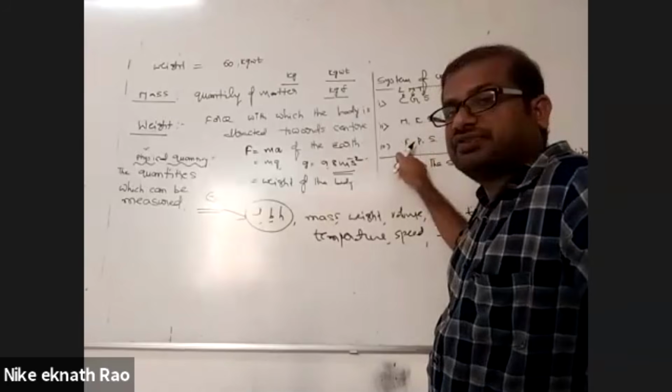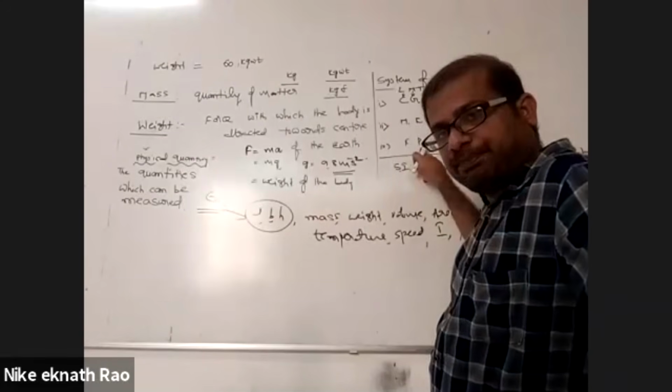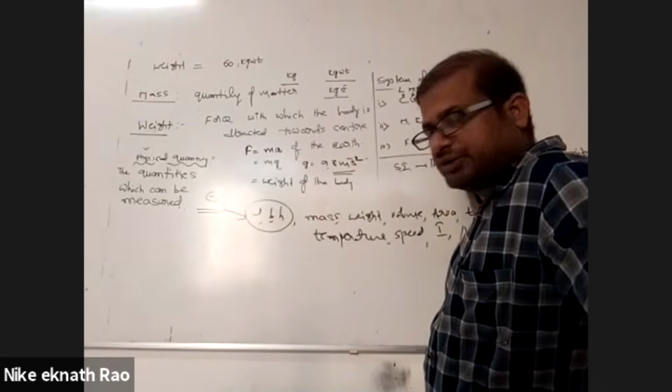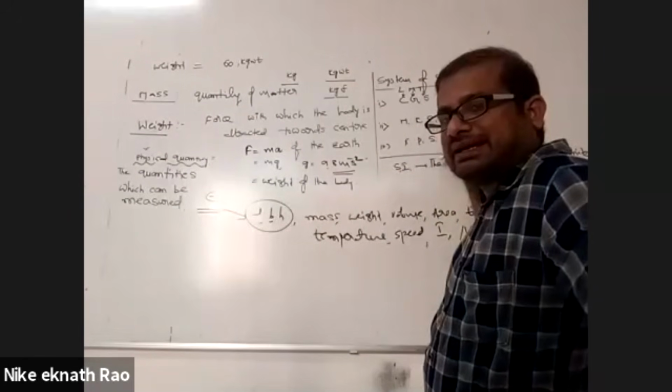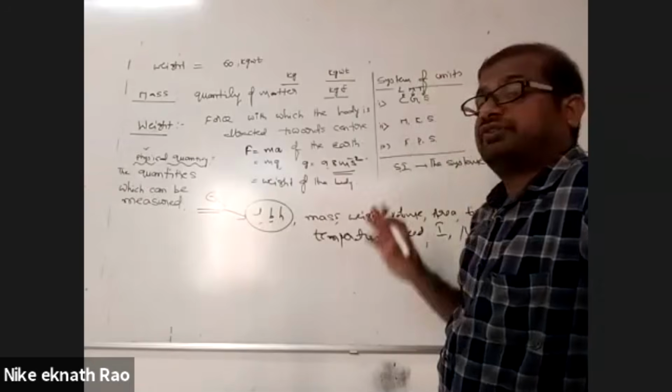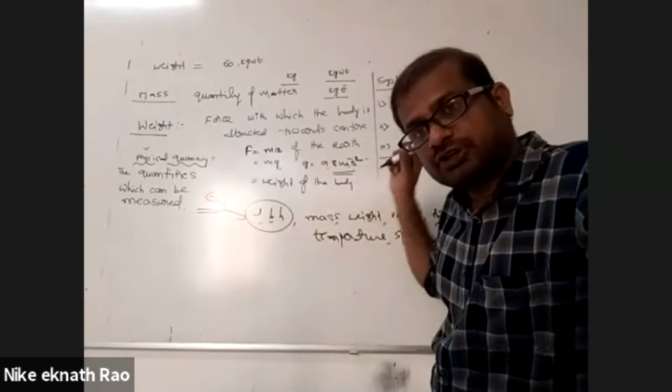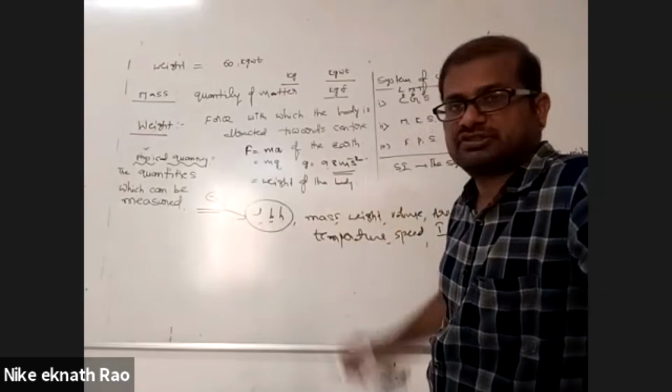FPS: F stands for foot, P for pound, S for second. British units. So foot is length, pound is the unit of mass, and second is the unit of time. Standardly, we define three systems and corresponding units in CGS, MKS, FPS systems.